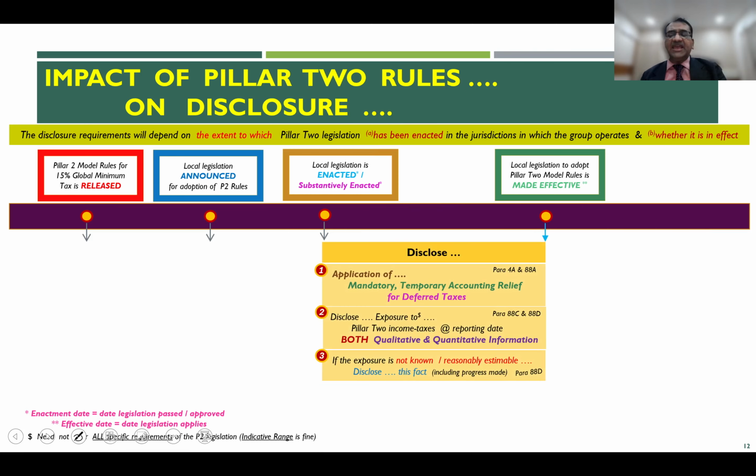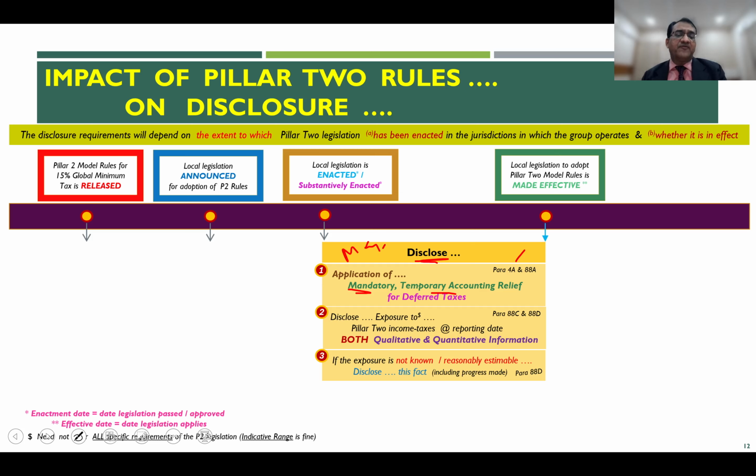There are three key disclosure requirements. Paragraph 4A and paragraph 88A of the amended IAS 12, read together, say, as we have already seen, that you need to disclose the application of the temporary accounting relief and the disclosure relief, which is mandatorily to be applied by entities. And we have seen this is effective from the May 2023 amendment itself.